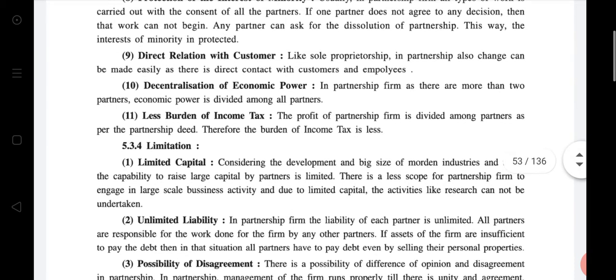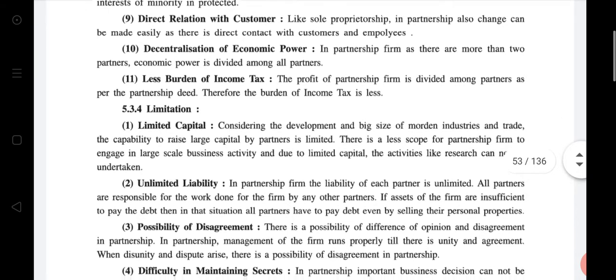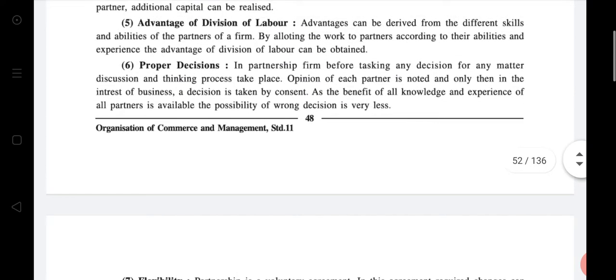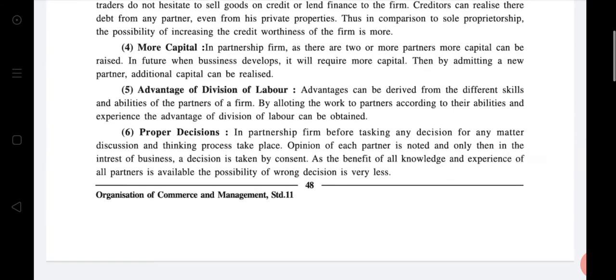See point number 9, 10, and 11. It is very small, but it is important. It is very new for you. So try to repeat. See, in the fourth lecture I didn't give you a reading time, right?